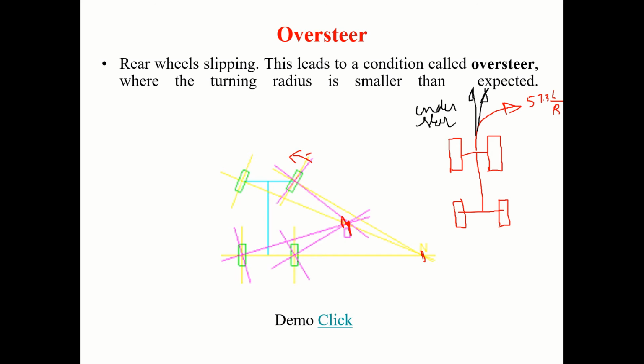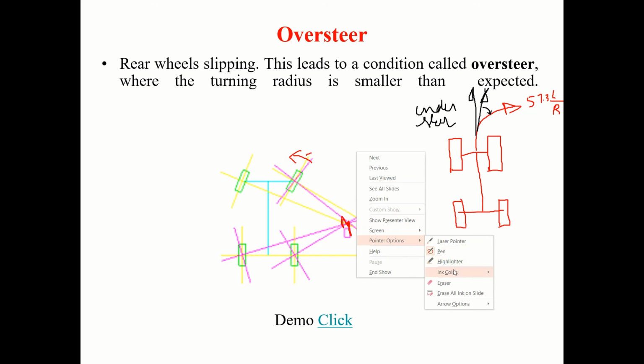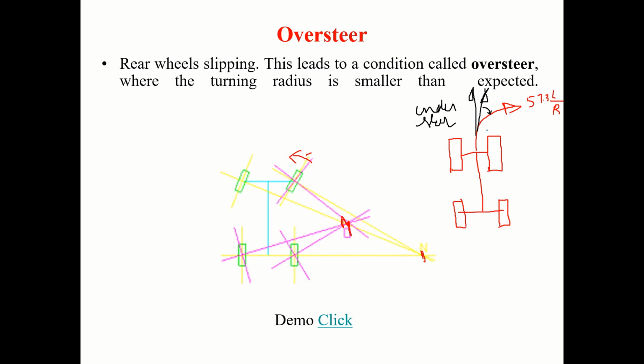That means you have to keep this on the track. You need to turn more. Oversteered in the sense it is like this. It will turn like this. Now sometimes it might even turn on its own like this.